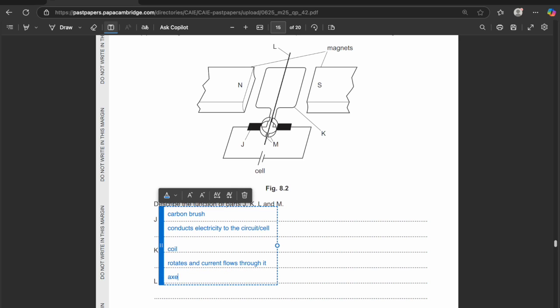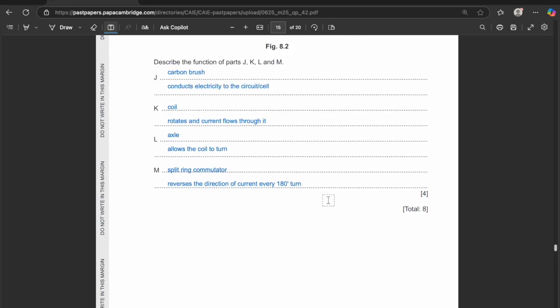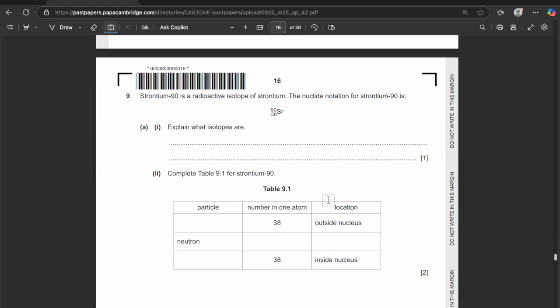And L is axle, and it allows the coil to turn. And M is split ring commutator, which reverses the direction of current every 180 degrees turn.